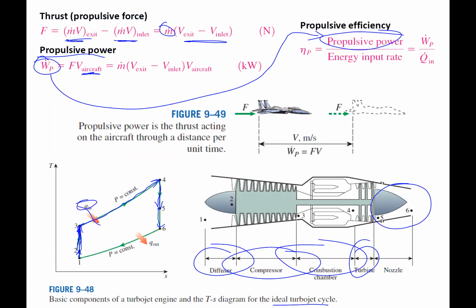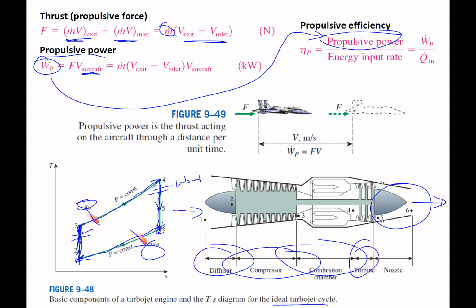So now we have state 6, and then that gets exhausted out, where 1 is bringing in a fresh amount, a fresh temperature of air. So that means we have basically a heat rejection to bring us from state 6 back to 1. So that's our Q out. All right. As I mentioned earlier, this is the work out from the turbine.